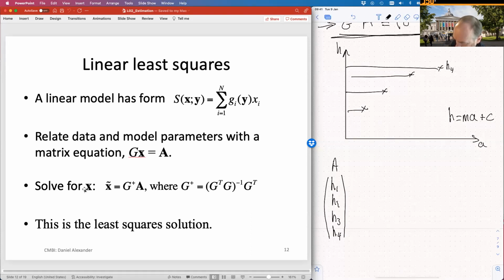Of course, each of these we can write using our model. So h4 would be m a4 plus c. Let's think about our vector of unknowns. What are the unknowns here? What are our unknown model parameters that we're trying to estimate? Anyone tell me?